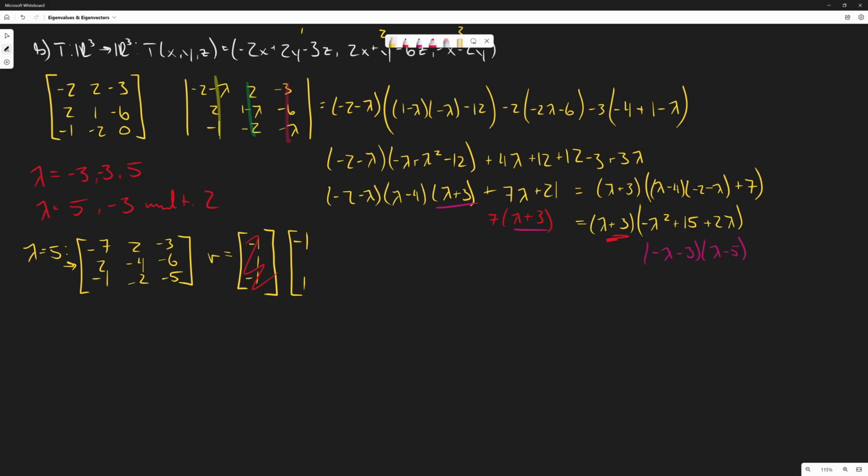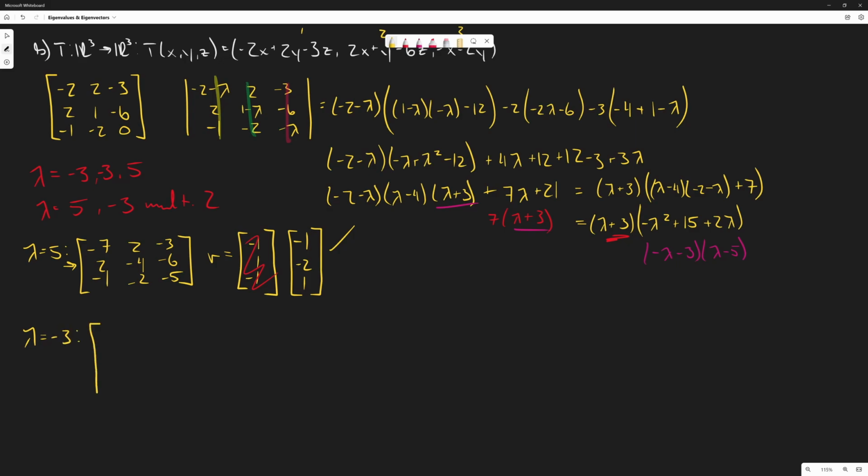So this would be -2. And so, okay, the first one checks out. The second one will be -2 plus 8 minus 6. That would be 0. The last one we have 1 plus 4 minus 5 is 0. Okay, this one checks out. Cool. All right, so now for our last one is when it's -3.